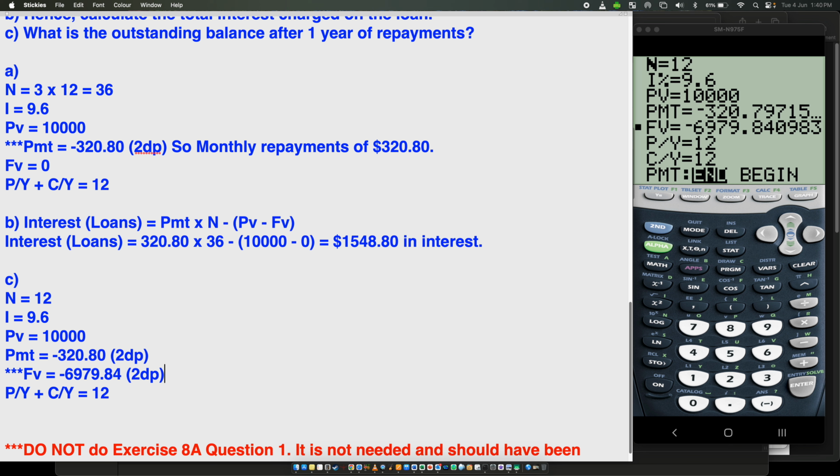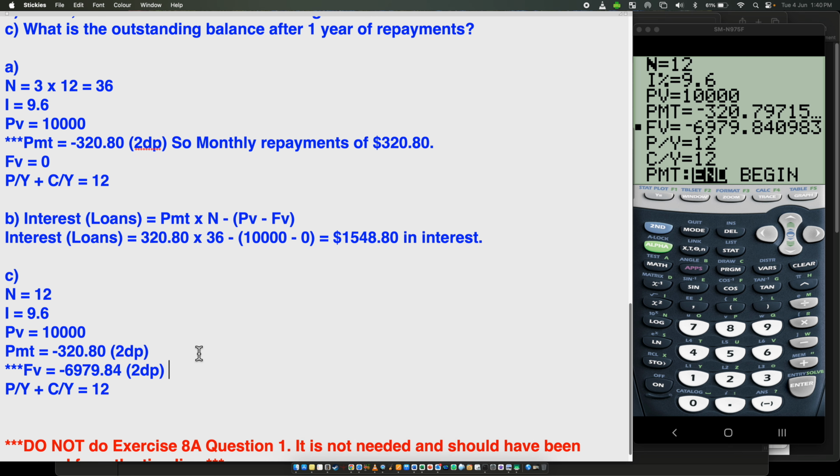So what does that say that Ryan still owes the bank after 1 year? 6,979. So Ryan still owes $6,979.84 after 1 year.